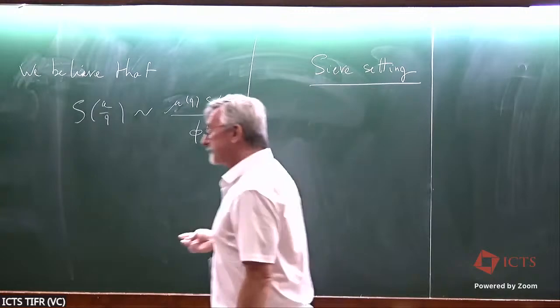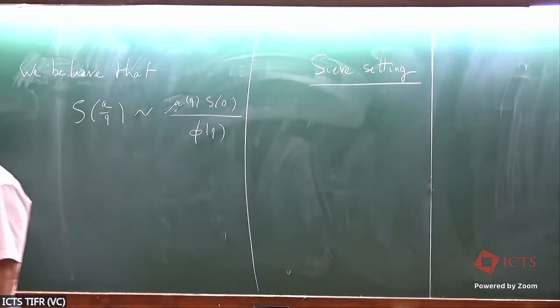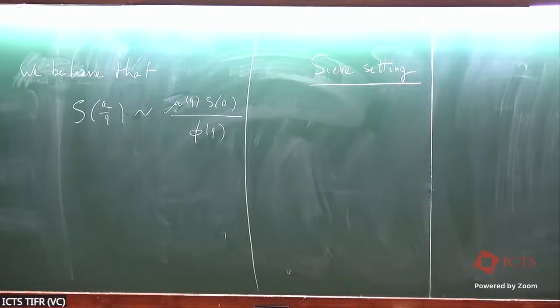So what does it mean to sieve? To sieve, you know the Eratosthenes sieve. What you do, you take a list of integers and you remove some that are divisible by the first primes.